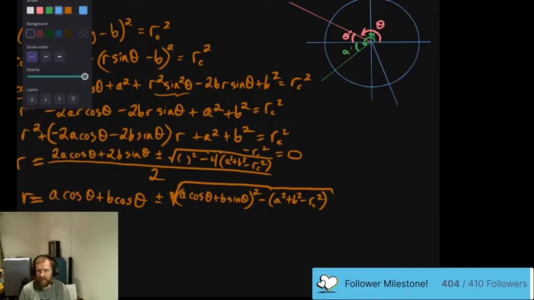So if this is beta, this is beta prime. And then in quadrant 1, gamma and gamma prime are going to be the same angle, so we just don't bother. But in quadrants 2, 3, and 4, you always create an angle with the x-axis, and that's your reference angle.